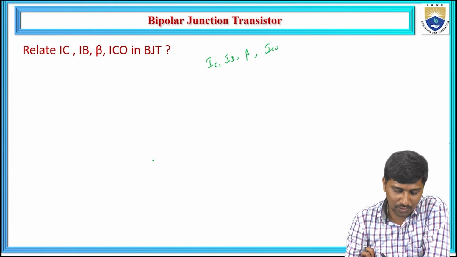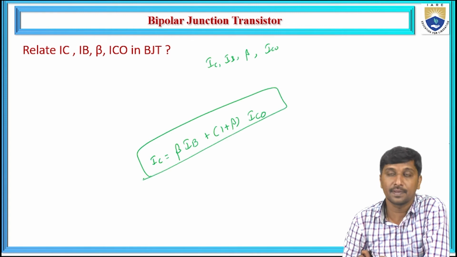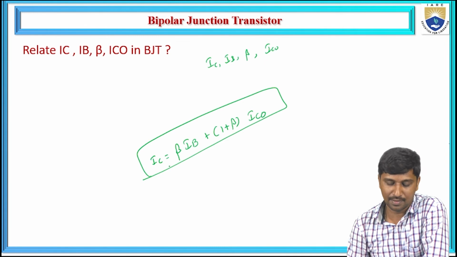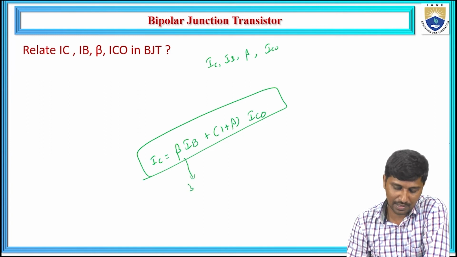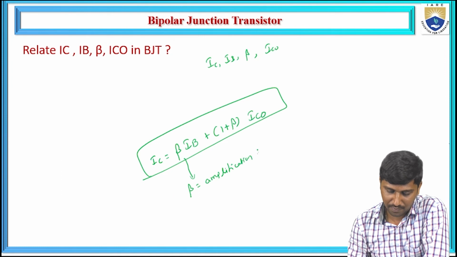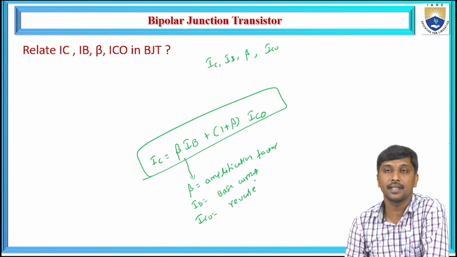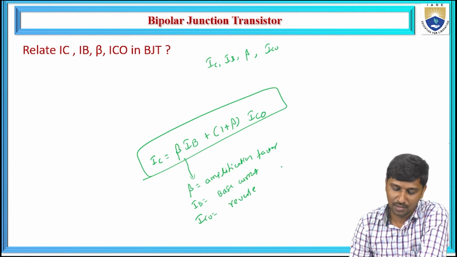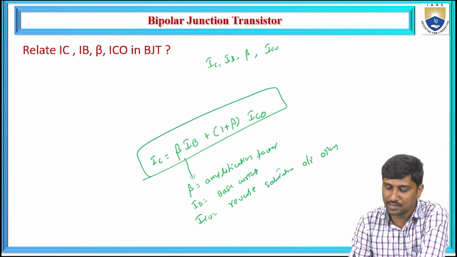We know the generalized collector current expression is IC equals beta times IB plus 1 plus beta times IC naught, where beta is the amplification factor, the current amplification or current gain, IB is the base current, and IC naught is the reverse saturation current when the output is open circuited.